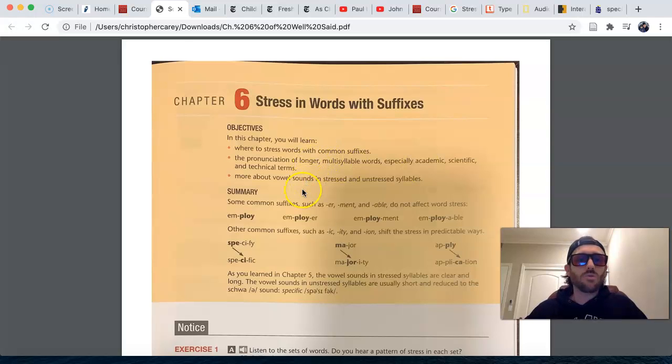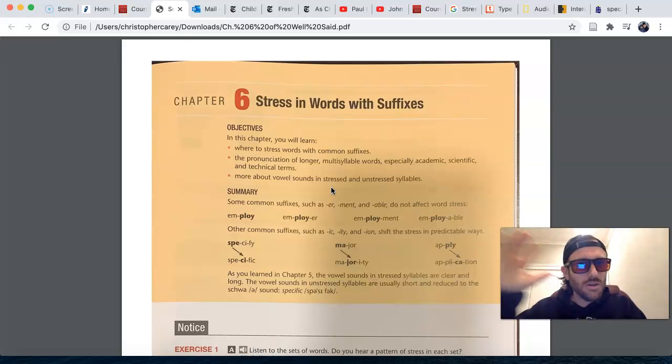And then the last thing we'll look at in this chapter is learning more about vowel sounds in stressed and unstressed syllables. We know that the vowel sounds in stressed syllables sound longer, right? They're clear, they're louder in pitch, higher in intonation.